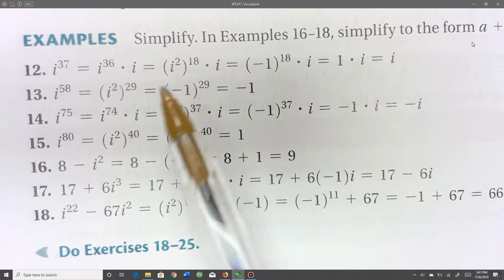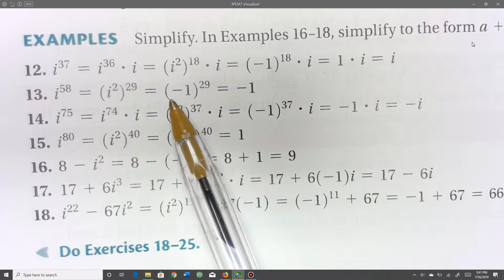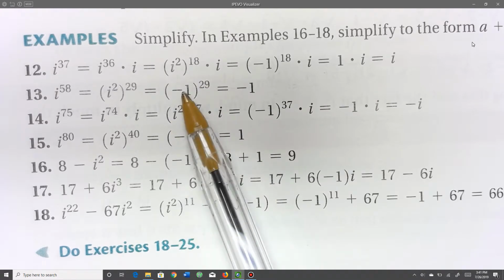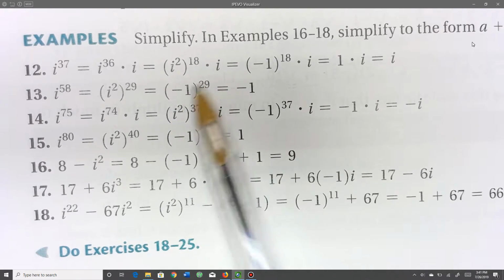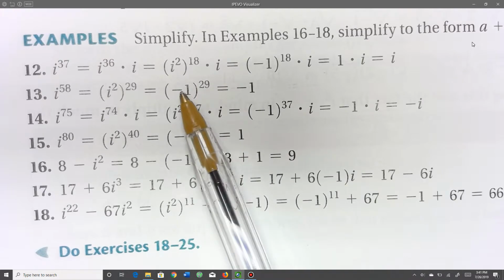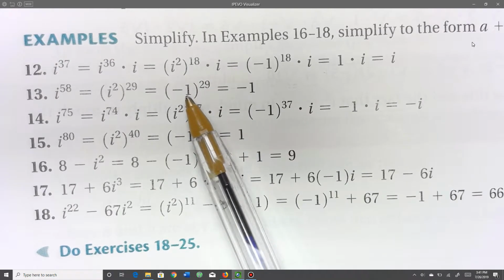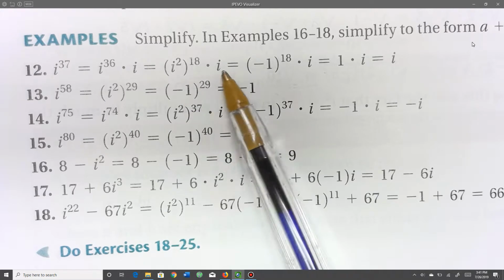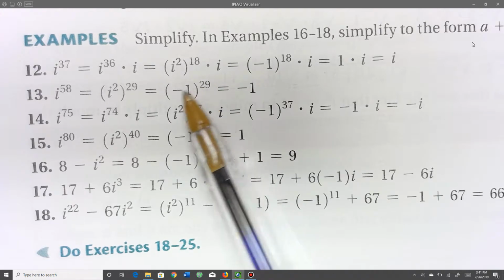Because if we can do that, a negative 1 or a positive 1 raised to any value can be done easily.